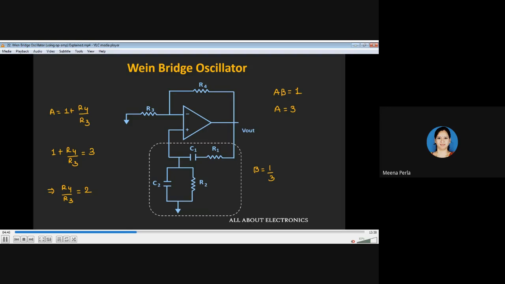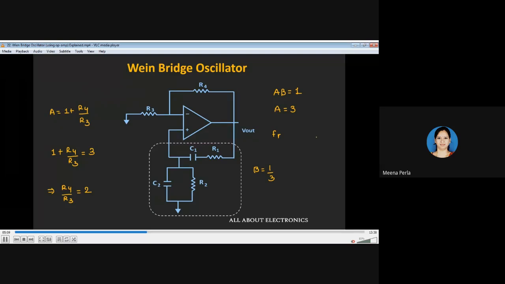So at the resonant frequency, the feedback fraction of this feedback network will be equal to 1 by 3, and at that frequency, if we want to get sustained oscillation, then the ratio of R4 by R3 should be equal to 2. Whenever this condition is satisfied, at the resonant frequency, we will get sustained oscillation.